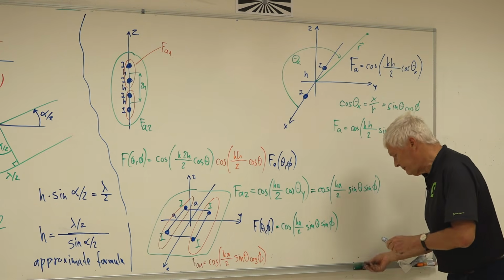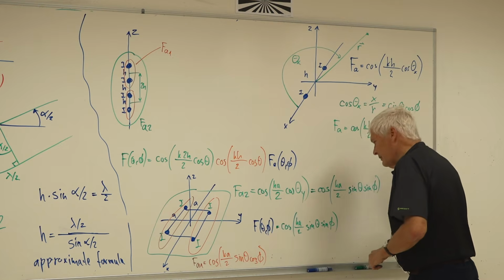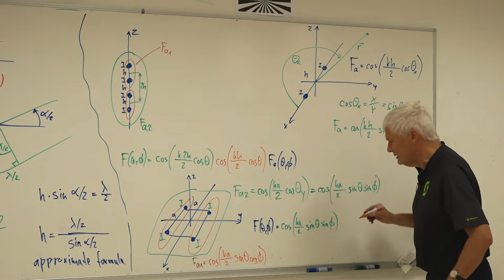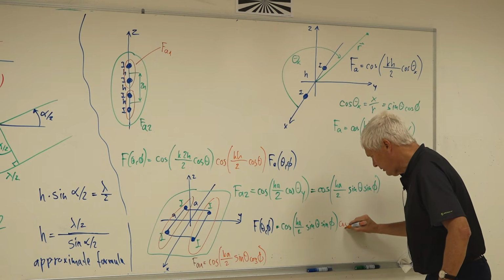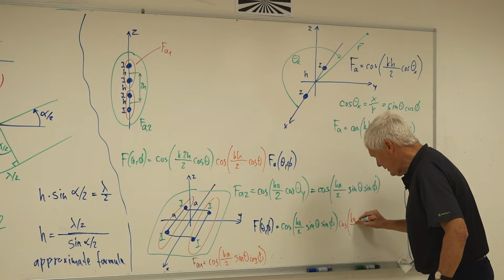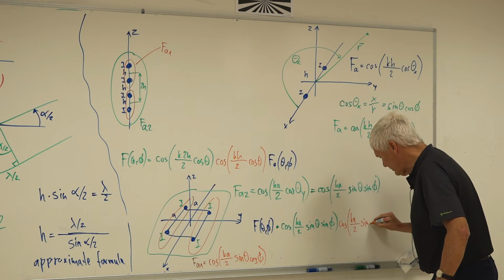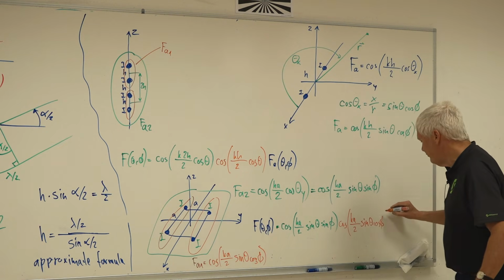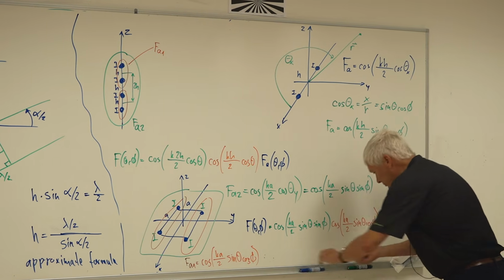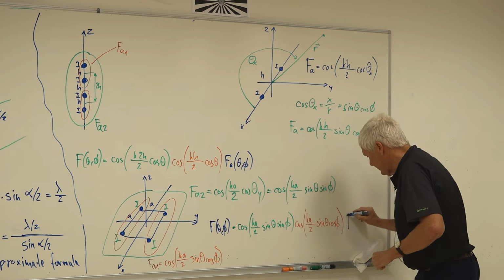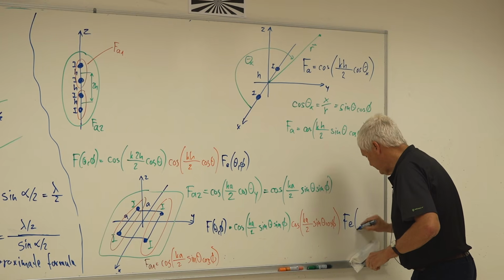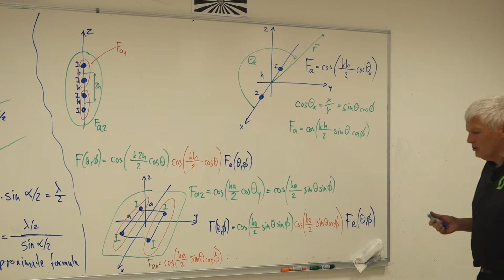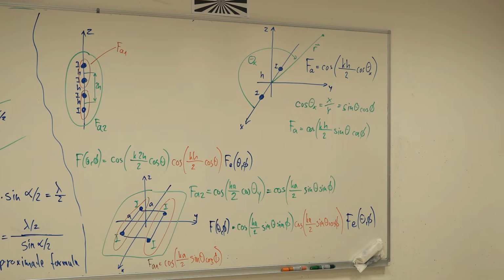Then we have the inner arrays that are arranged in the axis x, so cosine of ka half sine theta cosine phi. And finally we have our element, and we don't know anything about the element, radiation pattern of the element of theta and of phi. Always we use the rule of multiplying radiation patterns.